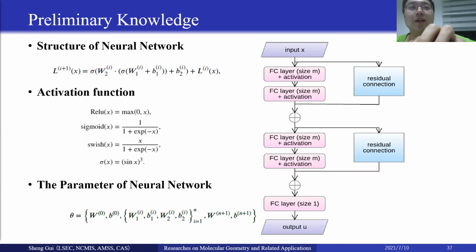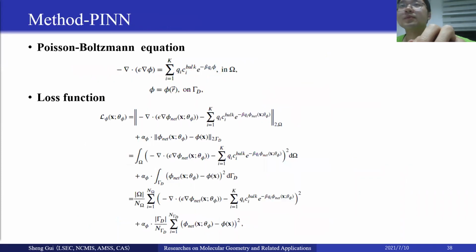ReLU and tanh are the activation functions used in the current work. And theta is the full set of all weights and biases, the parameters in the neural network. The loss function of Poisson-Boltzmann equations is as follows.